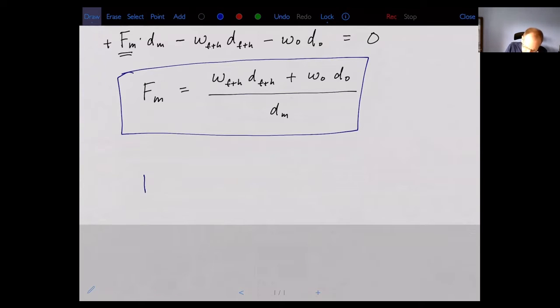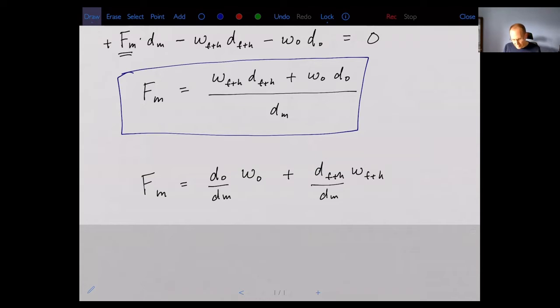So Fm is equal to dO over dm times the weight of the object, plus d forearm and hand over dm times the weight of the forearm and hand. Same exact equation, I just rewrote it a slightly different way.